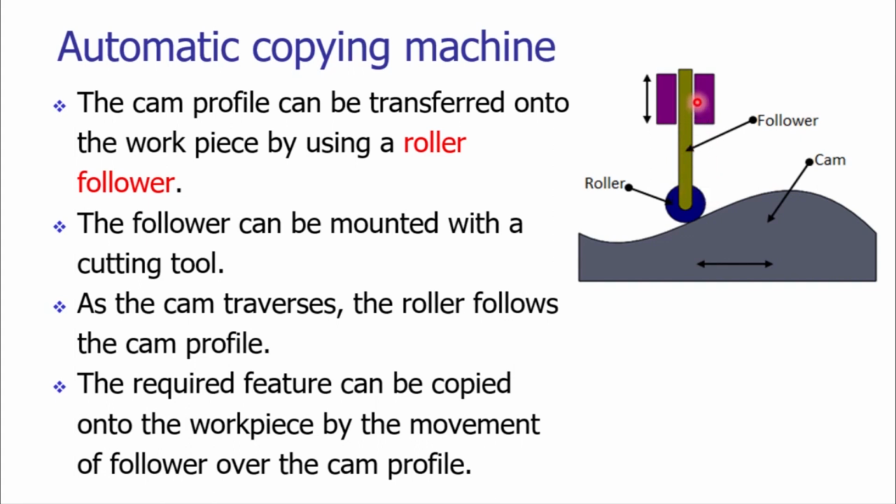And in this way, we can generate the required feature on the workpiece as we are connecting the follower to the tool. The movement of the follower will be transmitted to the tool, and that tool is generating the required profile on the workpiece. So in this way, we can easily copy the profile of the master workpiece, and we can generate multiple workpieces based upon the master workpiece.